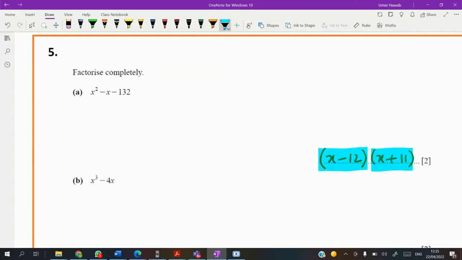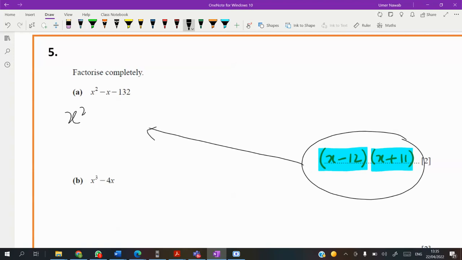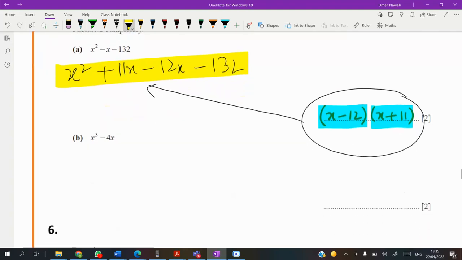Clear? But if you will show the method to the examiner and you multiply them and write it here, it looks better. And I would love that if a student has written the factors here, why not he can expand these two factors and write some one step here. Then the examiner will be very happy that the student has used the factorization technique.